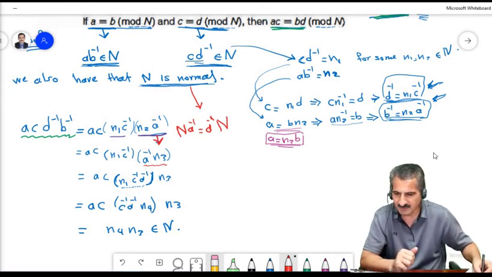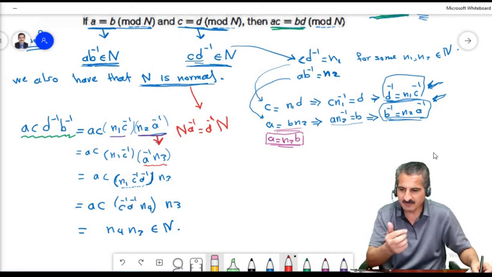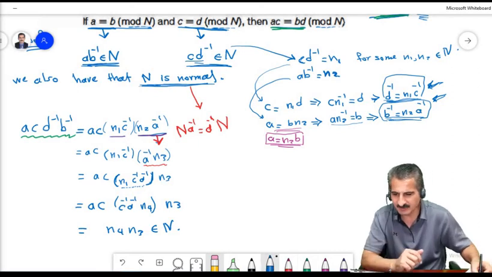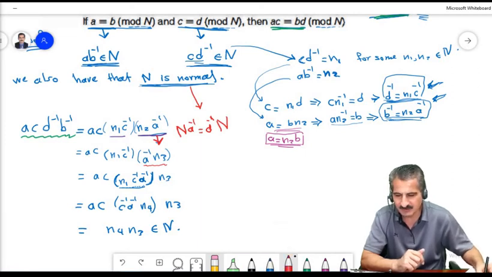Okay. Now, once we got that, I played with the associativity here. I did not change the order of elements, but I played with associativity and rewrote it this way. Now, what happened here, I will use the equality in here. C inverse A inverse is an element of G, right? So the left coset and right coset of that element are the same.